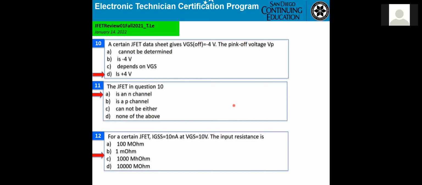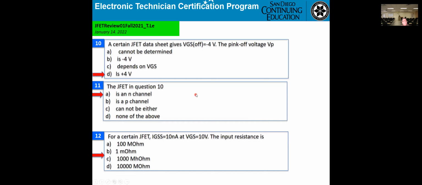Basic definition: IDSS is the maximum current when VGS equals 0. So with VGS equals 0, ID cannot be equal to anything else except IDSS.